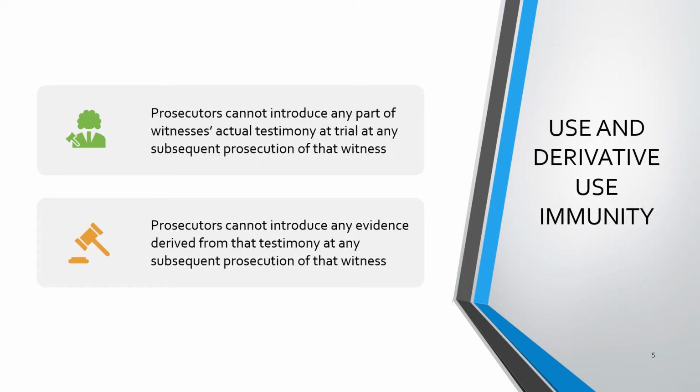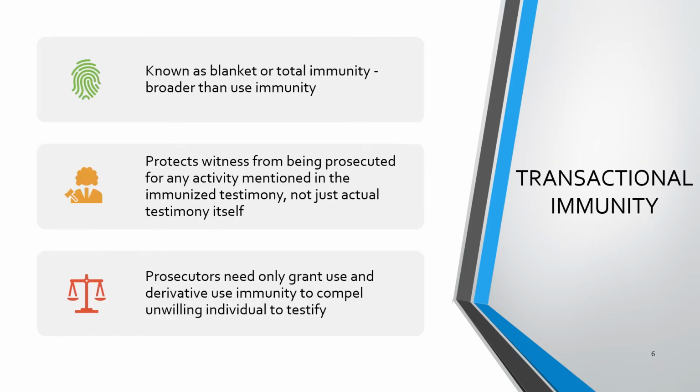It protects the witness against prosecution by prohibiting prosecutors from introducing any part of the actual testimony at trial and/or from any evidence derived from that testimony at any future prosecution of that witness. In other words, use immunity only protects the witness against the government's use of his or her actual testimony in a subsequent prosecution of that witness.